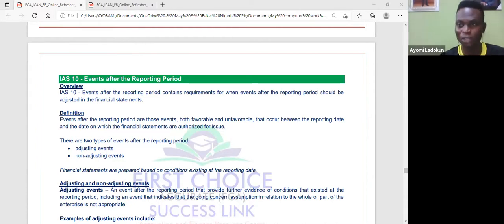Last time we met, we talked about IAS 36, impairment of assets, and IFRS 5, assets classified as held for sale and discontinued operations. And if you can remember, we said an asset is impaired when the carrying amount exceeds its recoverable amount.